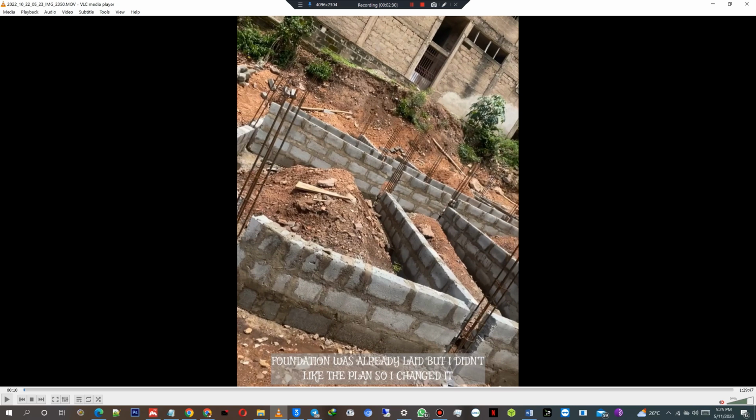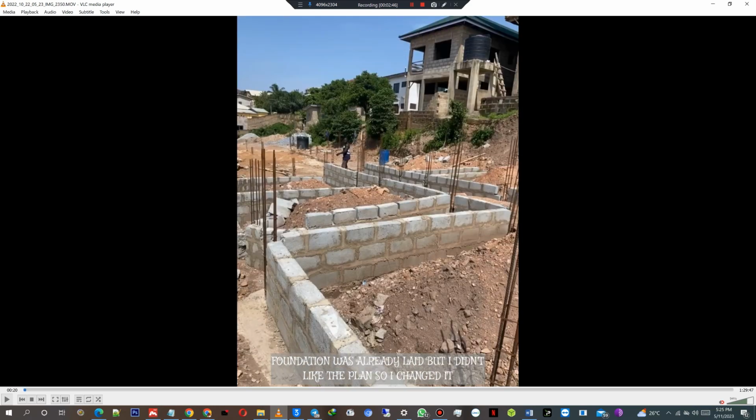Guys, they wouldn't even occupy a bed or a mattress. So I decided to make the corrections on the foundation and extend it way wider and bigger.